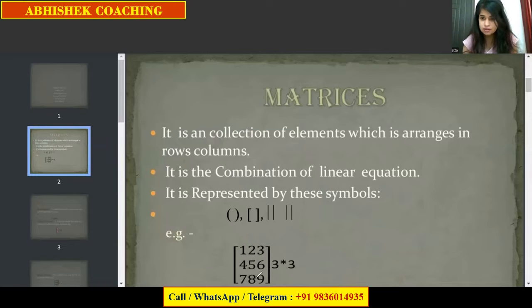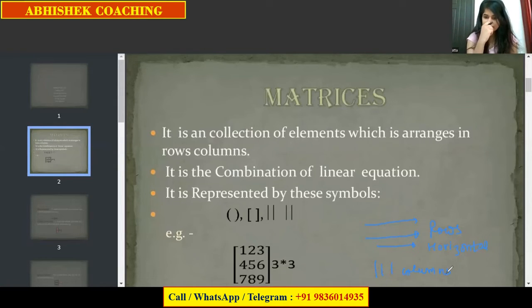You can see it is an arrangement of numbers in rows and columns, and you know that rows are horizontal lines and vertical lines are columns. Clear with this?